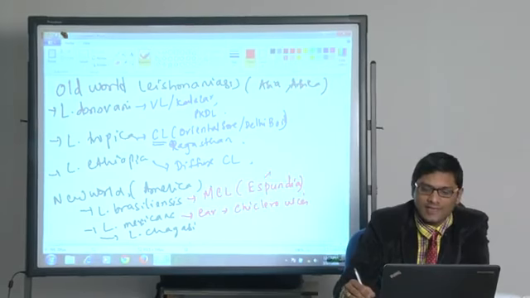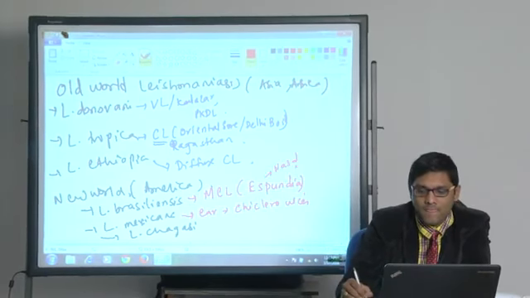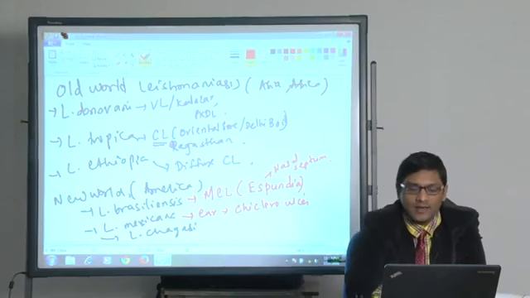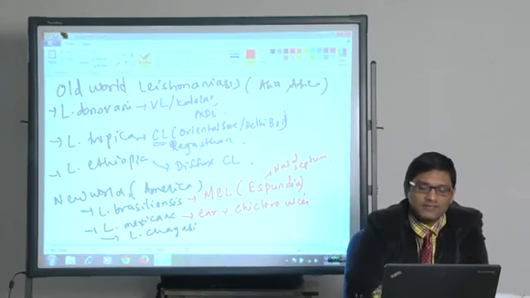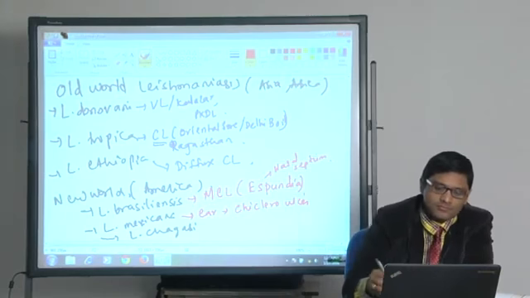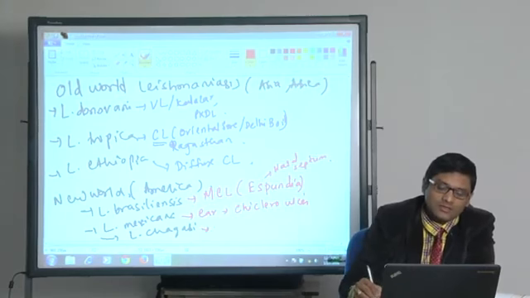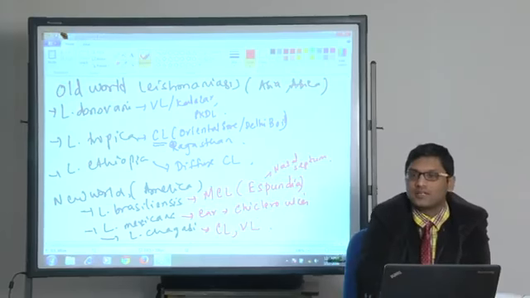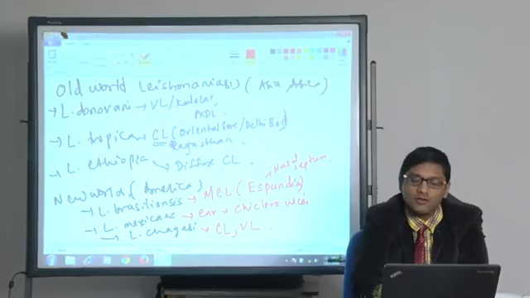Espundia usually affects the nasal septum, whereas Mexicana causes a lesion in the ear described as Chiclero ulcer. Chagasi can cause cutaneous leishmaniasis as well as visceral leishmaniasis. Of course, it is the only species in the New World which can cause visceral leishmaniasis.